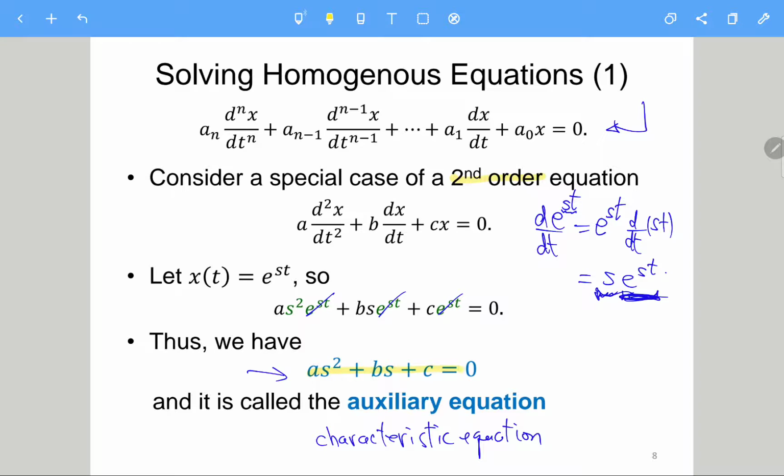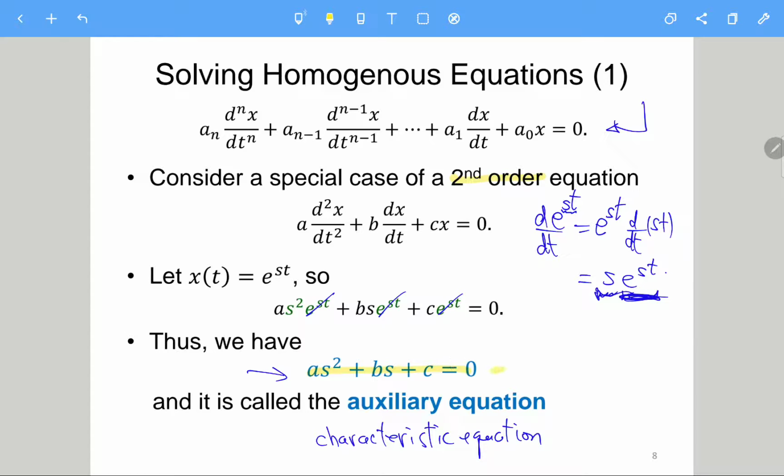When you look at this, we have the second derivative turning to s squared, the first derivative turning to s, and the original function turning to 1. So we have a s squared plus b s plus c equals 0.